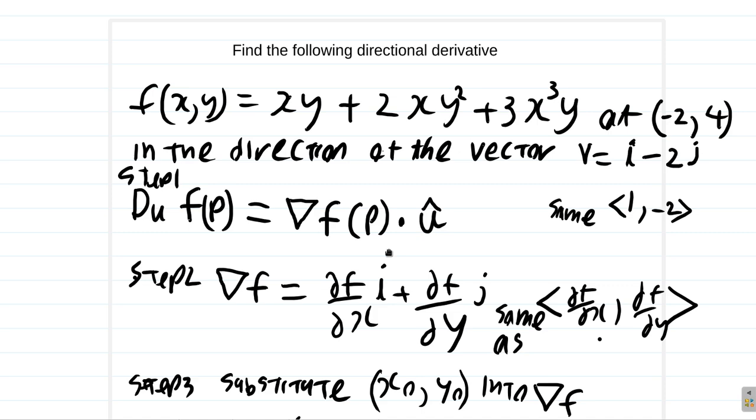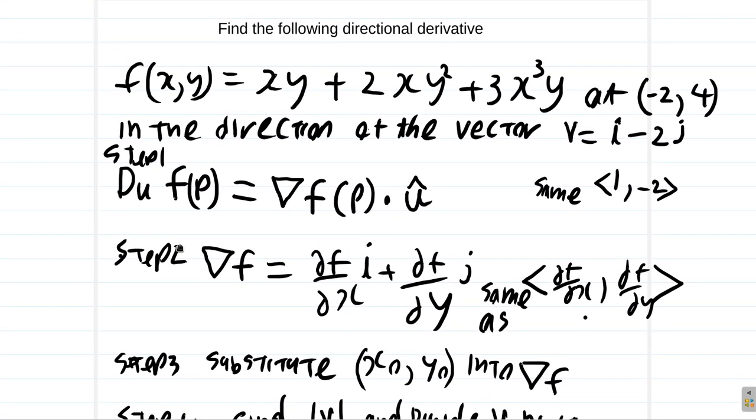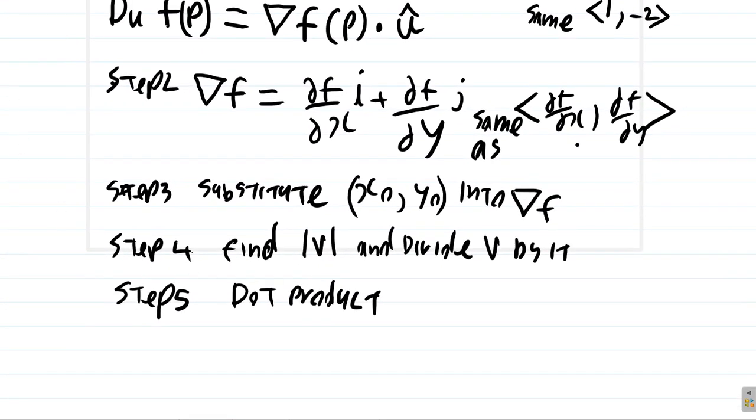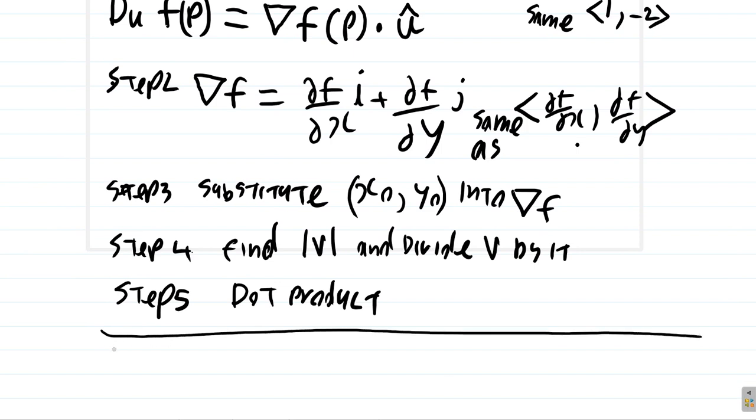Okay, you're finished? What did you get for the directional derivative? Let us see what's going on here. So let us have step 1. Let me just draw a line here to show where we start. We start at step 1.